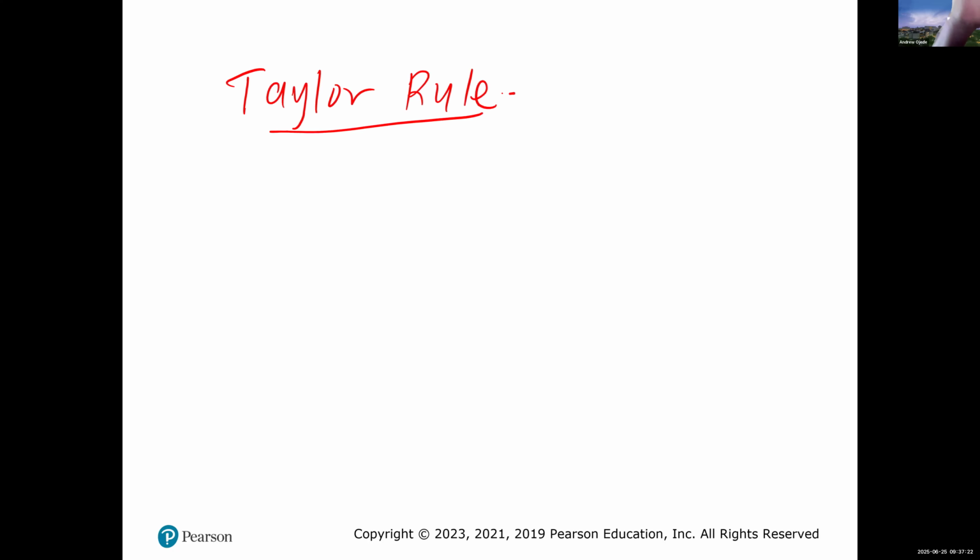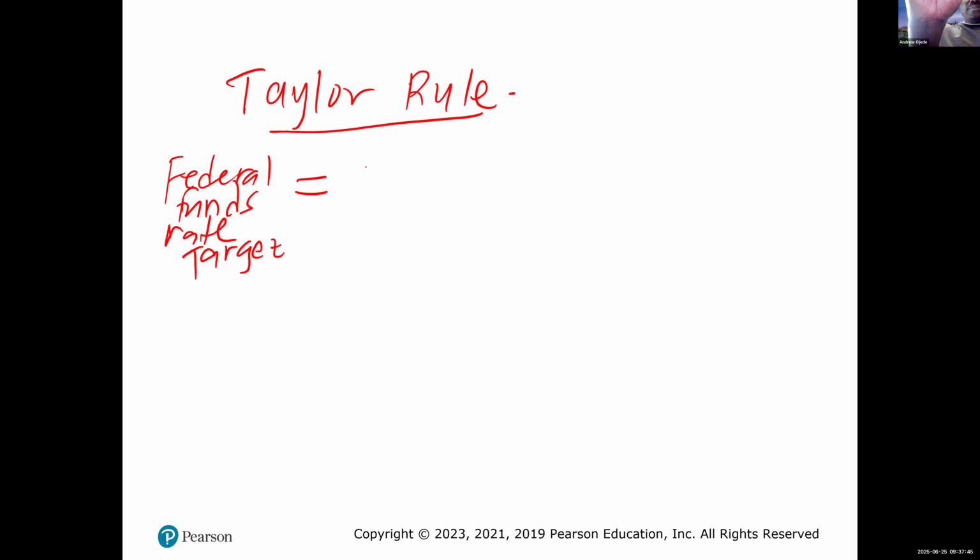So Taylor believed that, okay, if the Federal Reserve is meeting next month and we don't know, because the Fed is going to set a target on what? On the federal funds rate. So we're going to say the federal funds rate target that the Fed is going to set next month, according to Taylor, you're going to take what? Actual inflation.